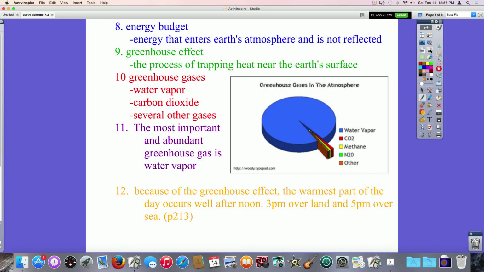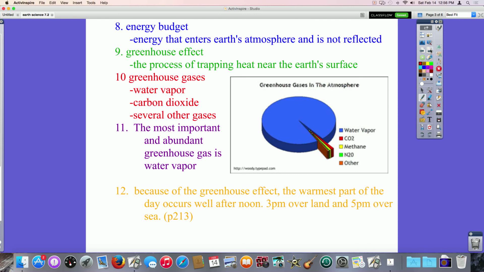And we'll kind of look at that again here. But when I looked for a graph including water vapor, I found 2 right away on Google Images, because a lot of the other ones don't include water vapor. And here's the reason why. A lot of environmentalists don't consider water vapor when they're talking about the greenhouse effect.